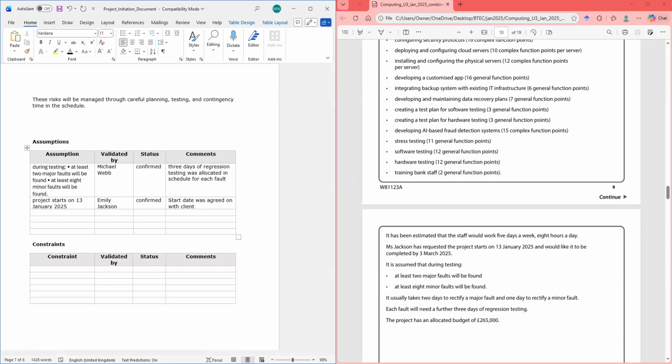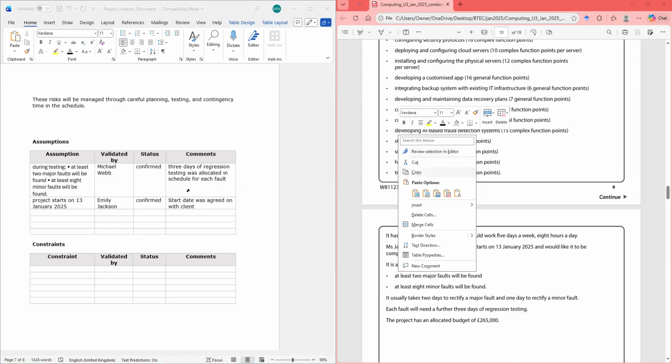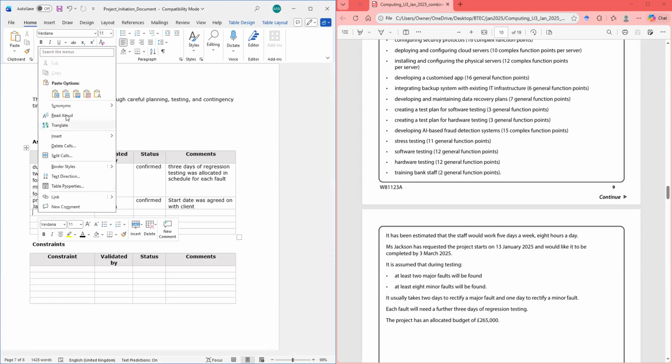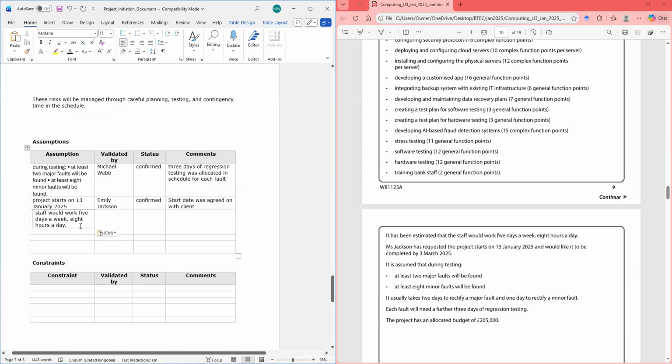The other one that we'll be looking at is: staff will work 5 days a week for 8 hours a day. Right?